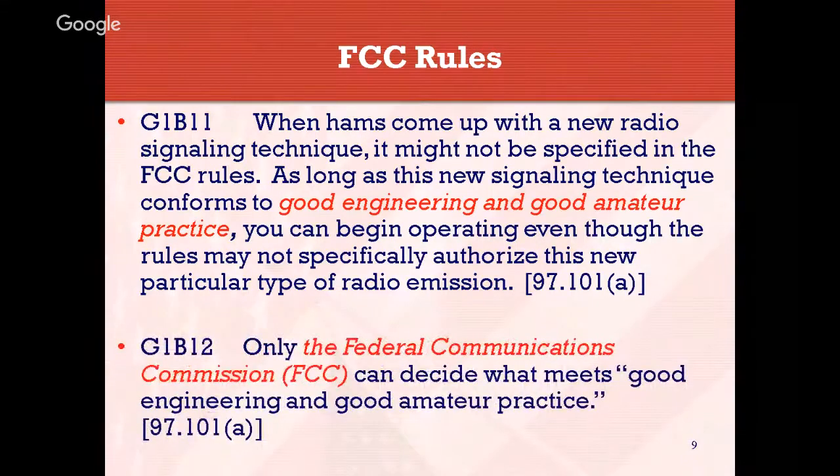So only the FCC can decide what meets good engineering and good amateur practice. If, say, this new signaling technique has been causing problems on a particular band, maybe there's something, not necessarily with the mode of communication itself, but the application of the mode might cause the radio to do something like send out a spurious signal.